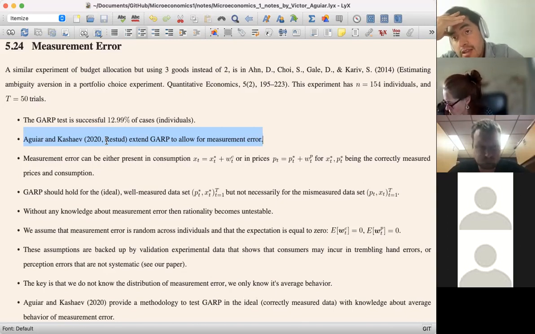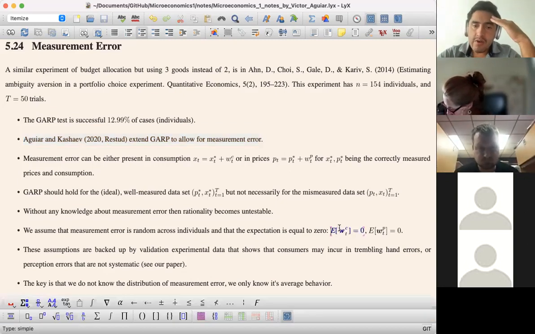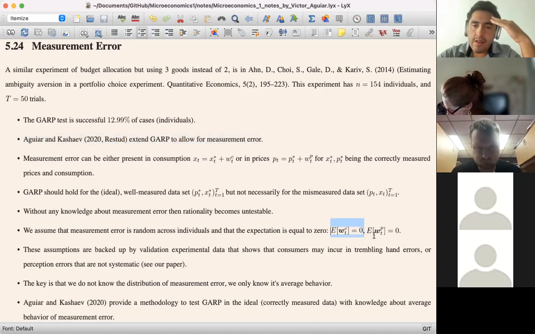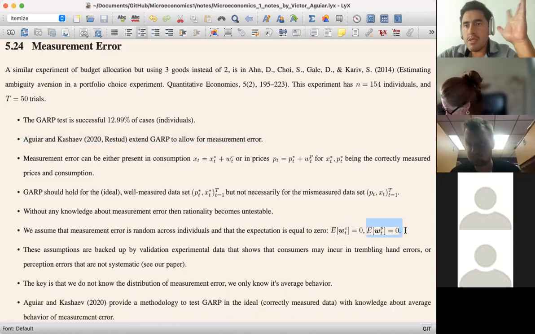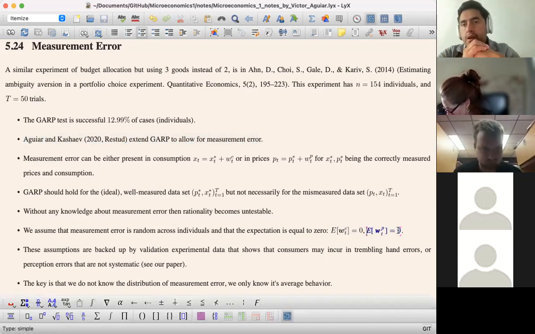Now, with this validation data, we say, look, let's go to this original experiment. Here, there is no validation data. We're just going to use these two pieces of knowledge, that the average trembling hand error and the average inattention to prices error, or trembling eye error, is equal to 0. So the only thing we're going to use, and this is going to be a part of the test.